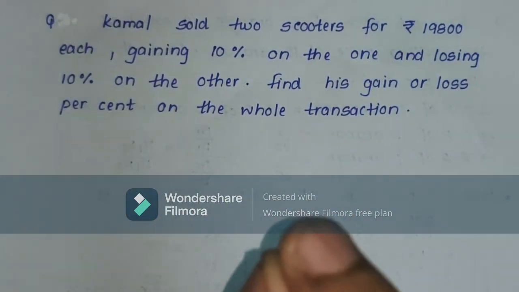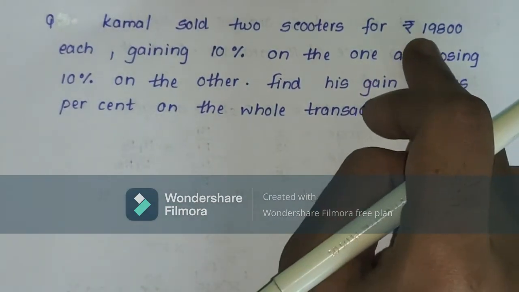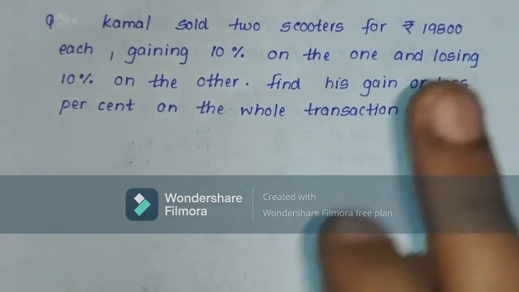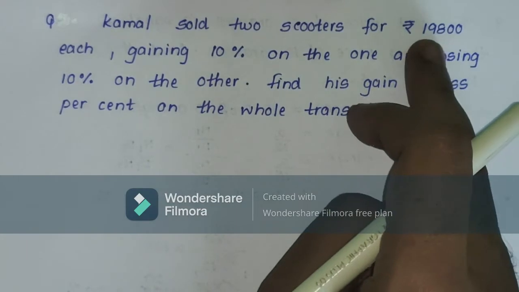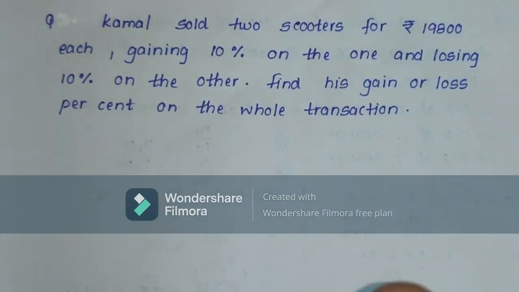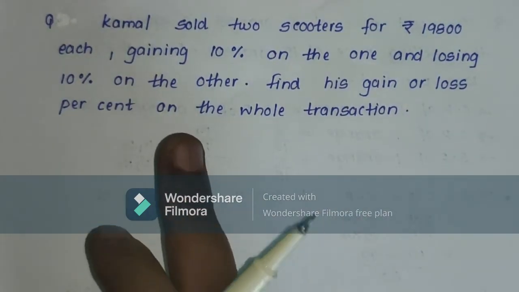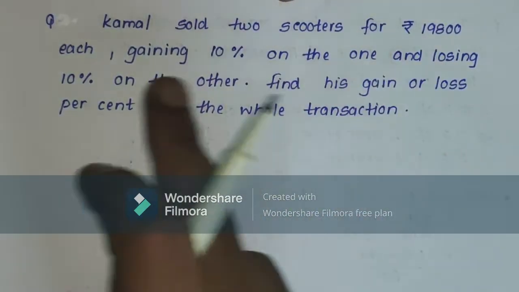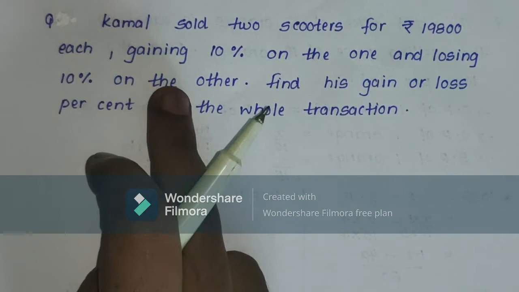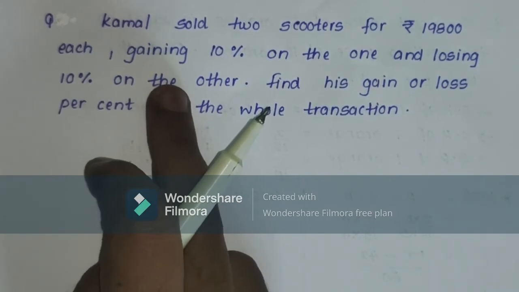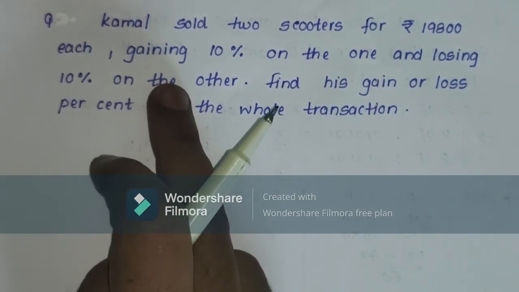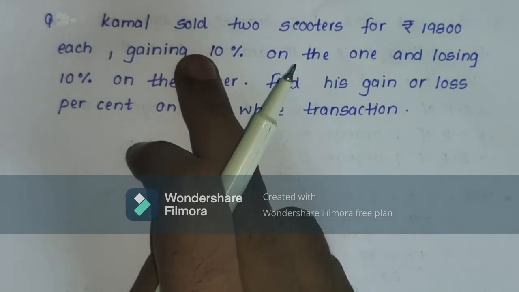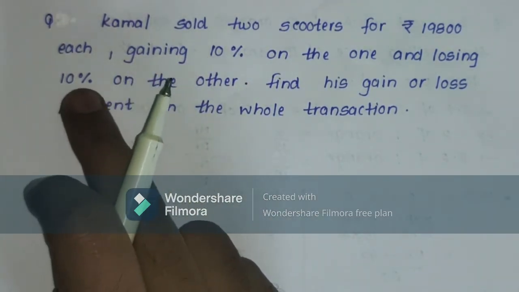For the first scooter the selling price was 19,800 only, and for the second scooter also the selling price was 19,800. But on the first scooter there was a gain of 10%, and on the second scooter there was a loss of 10%, right? So obviously there will be a fluctuation in cost price, therefore we are getting a gain of 10% and a loss of 10%.